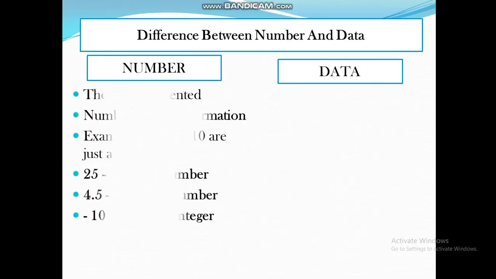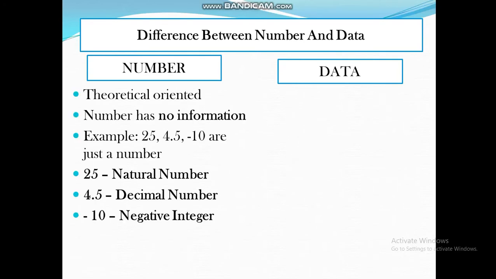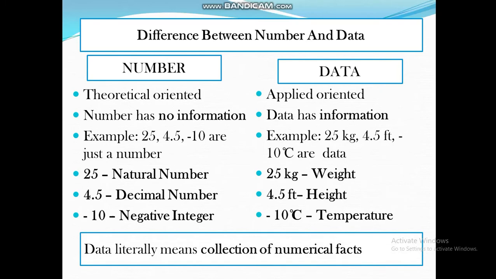Can anyone say what is the difference between number and data? Number and data are not the same. The number is theory oriented, but the data is application oriented. A number has no information, but data has information.